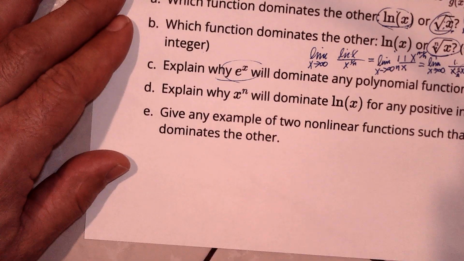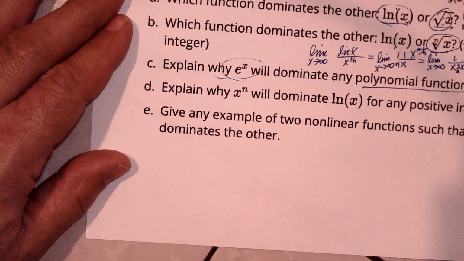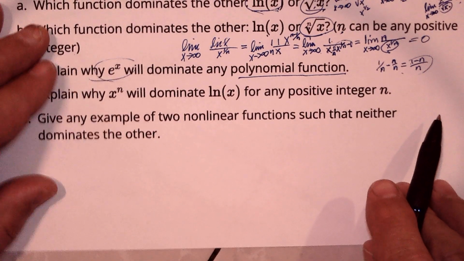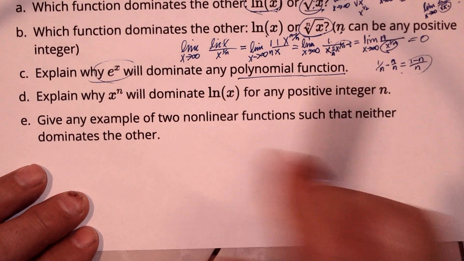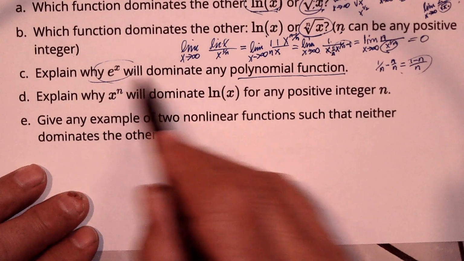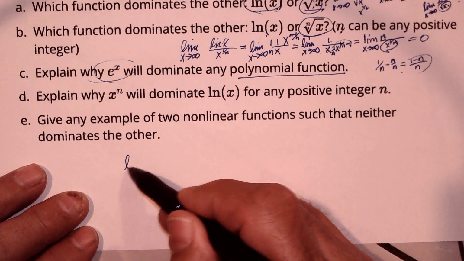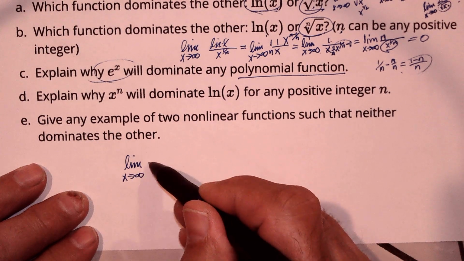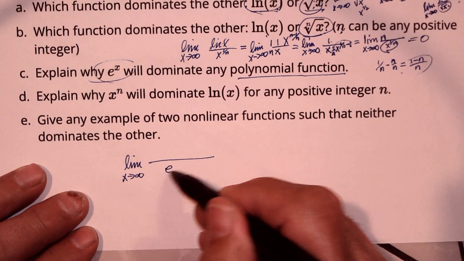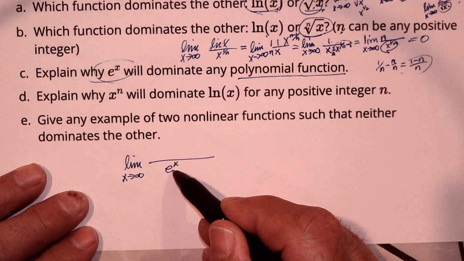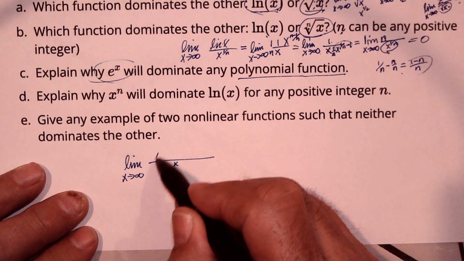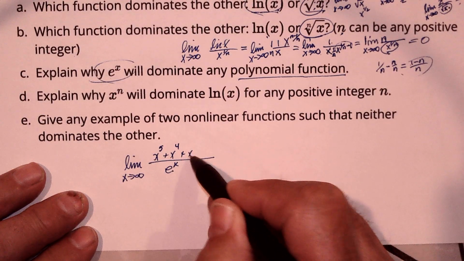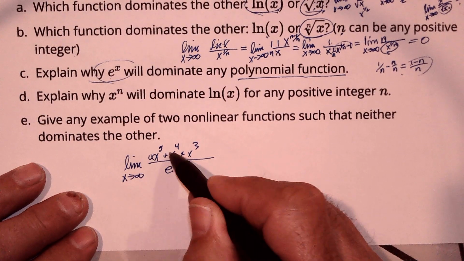Explain why e to the x will dominate any polynomial. I hope that wasn't off the screen. Explain why e to the x will dominate any polynomial. Well, we'd be doing the limit as x approaches infinity of e to the x in the denominator, if we think it dominates, and the numerator would be x to the 5 plus x to the 4 plus x to the 3, or with some numbers in front of them.